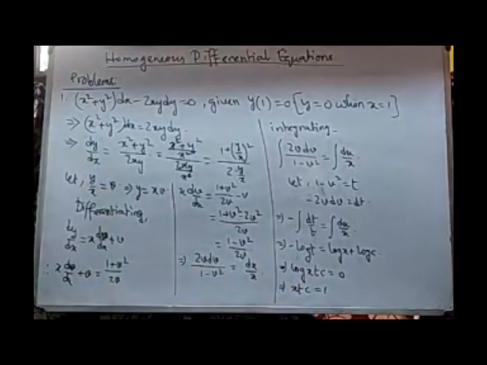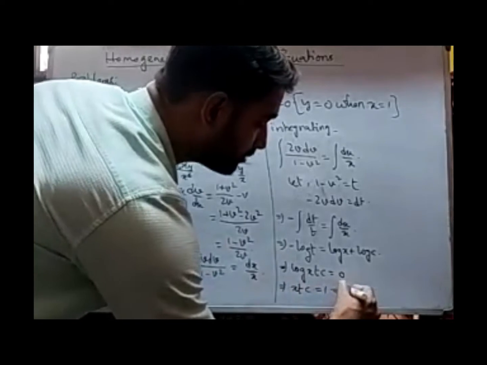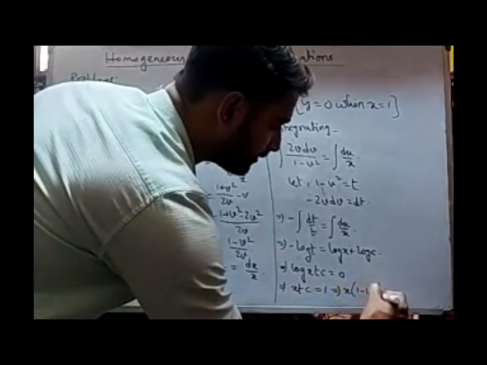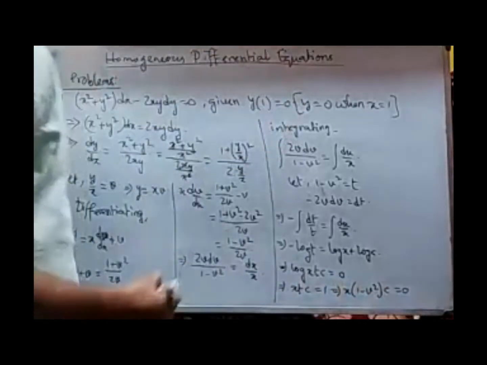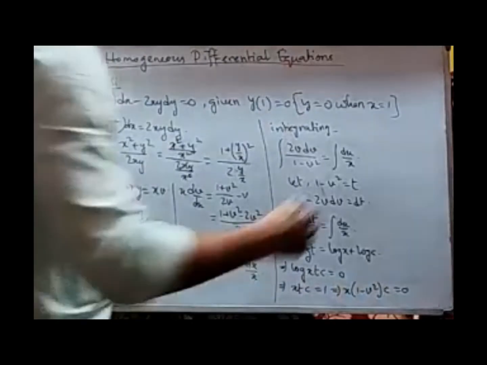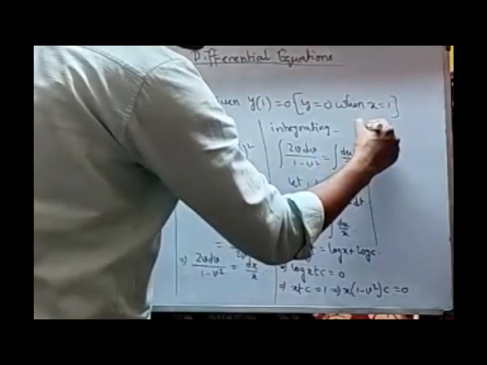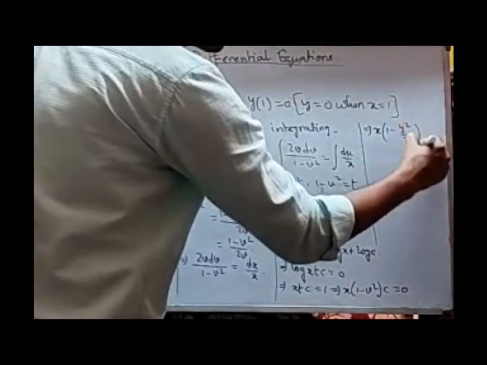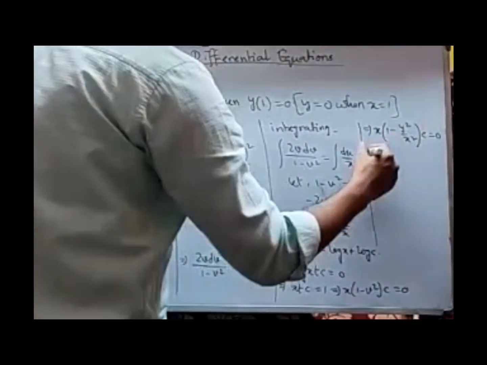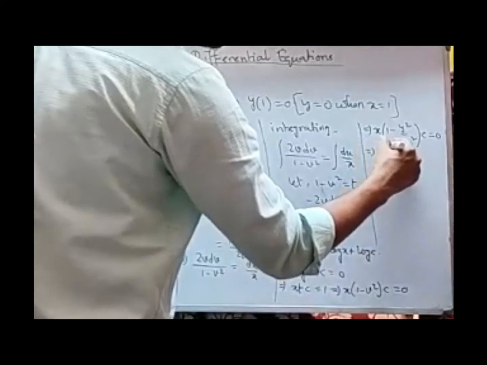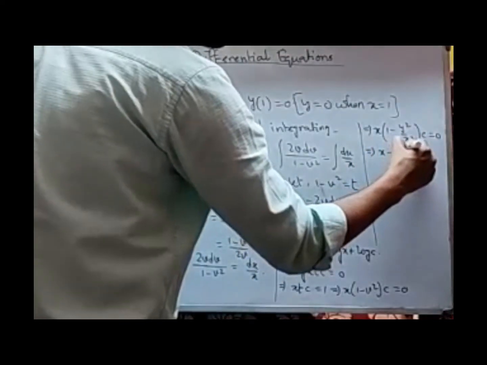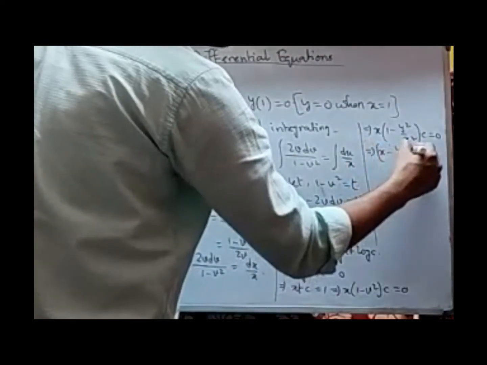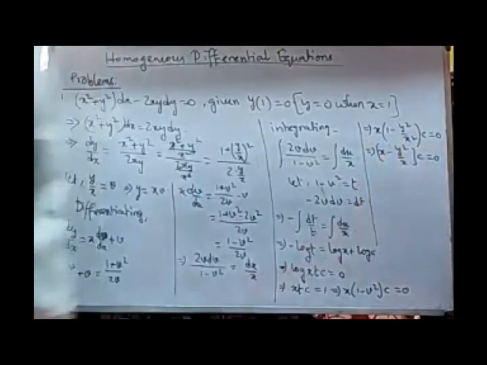Now you need to put the value of t. So first of all, t is 1 minus v square. Then again, v is y by x, so 1 minus y square by x square. So basically you are getting x minus y square by x.